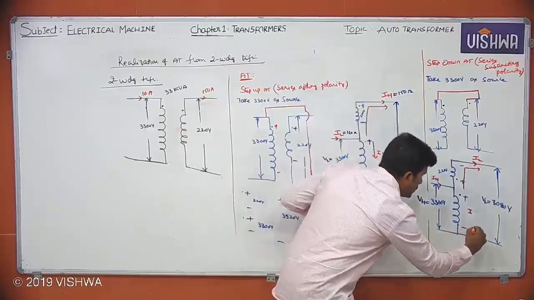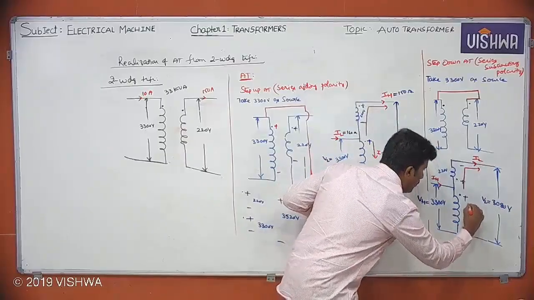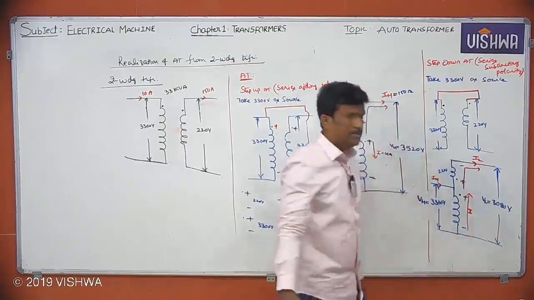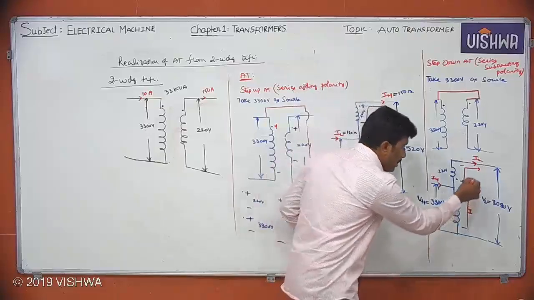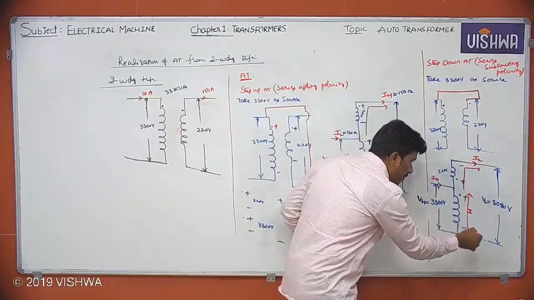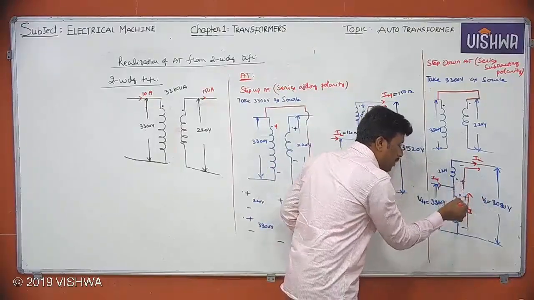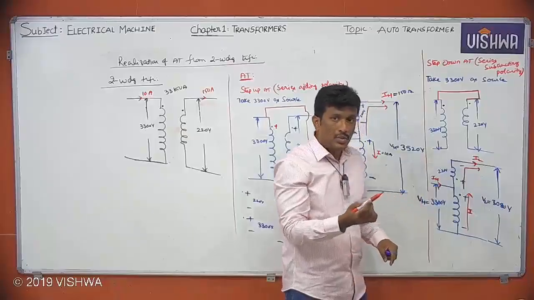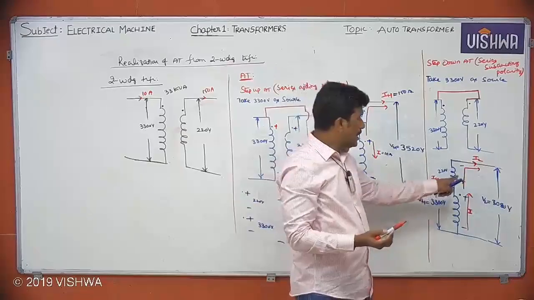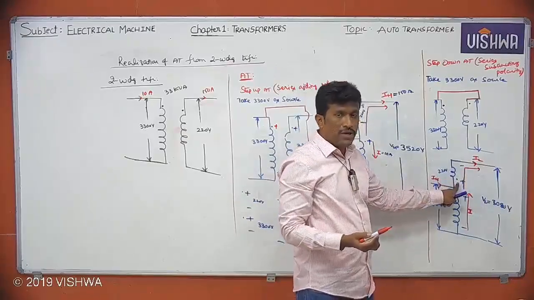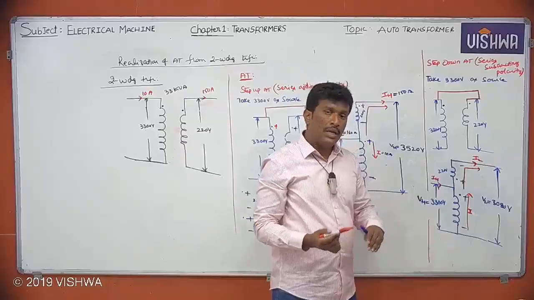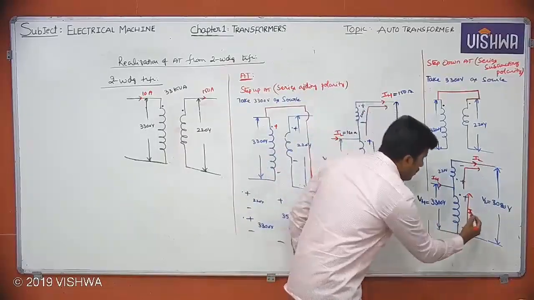That means your direction should be bottom to top. Suppose you draw top to bottom, that is wrong because it is entering a dot. What you want is for the current to leave this dot, because current has already entered one dot. So definitely the current has to leave the dot in the other coil. So this is the direction of I.